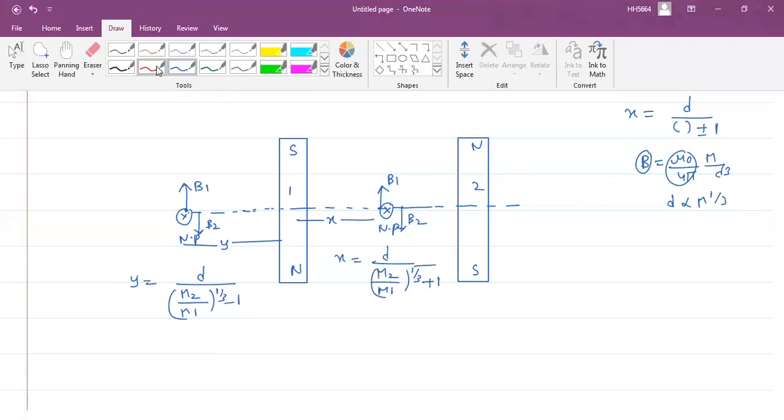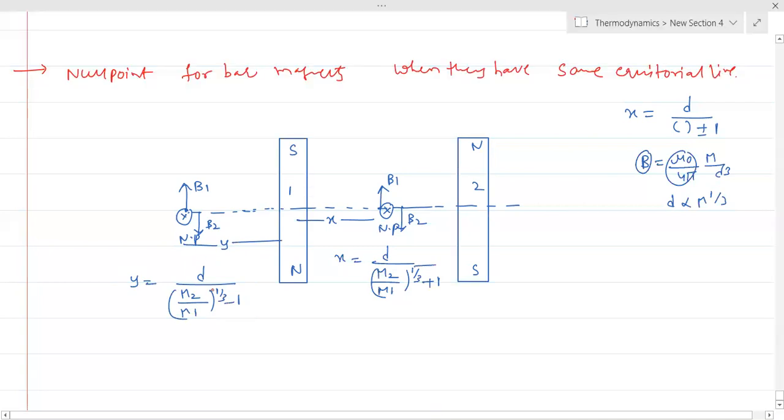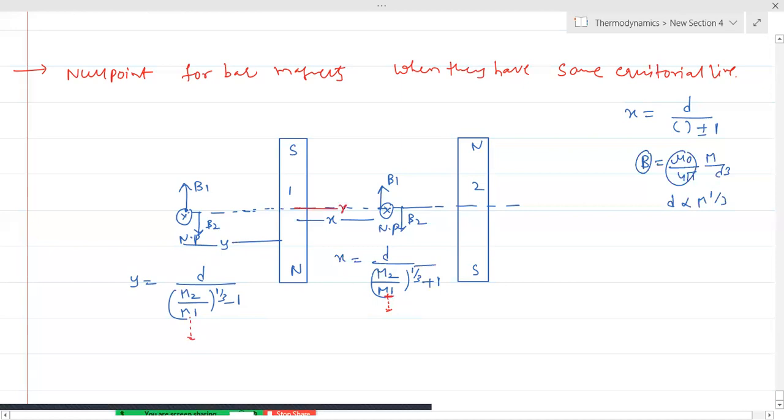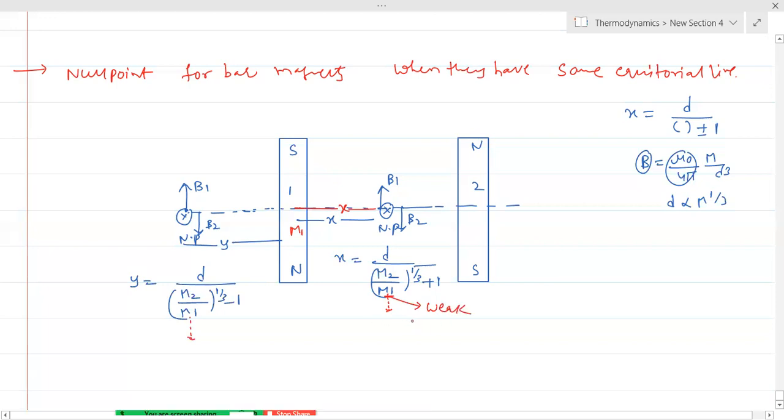And one more interesting logic for any null point equation in any topic: the respective distances are measured from the denominator. So here you can see the distance is measured from the denominator term, n1. Here also the distance is measured from n1. Also, this denominator should be weak, then we will get the answer easily.